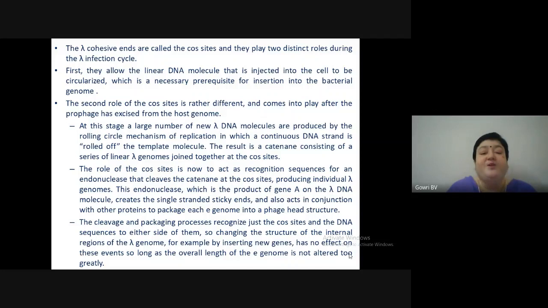The cleavage and packaging processes recognize just the cos sites and the DNA sequences to either side of them. What do I call a cluster of genes? Changing the structure of the internal region of the lambda genome, for example, by inserting new genes, has no effect on these events so long as the overall length of the lambda genome is not altered too greatly.